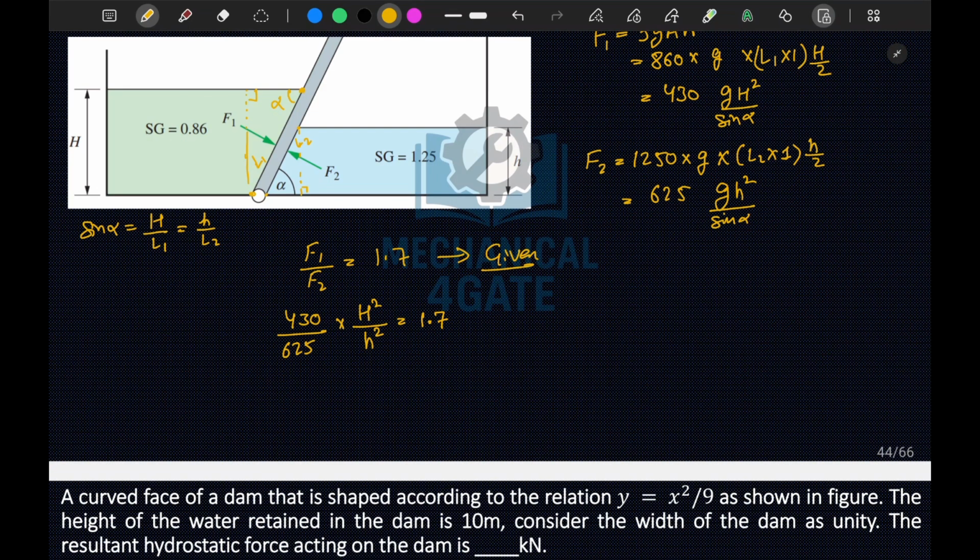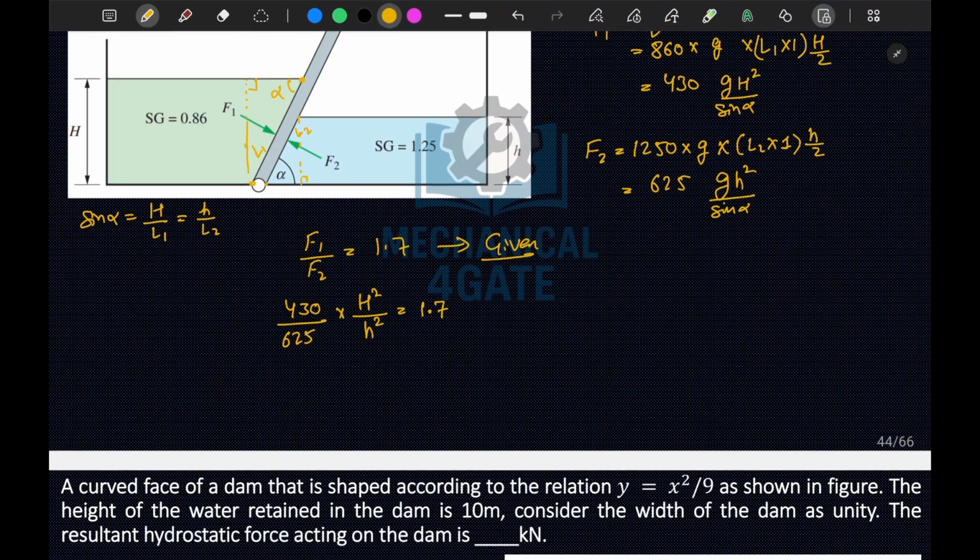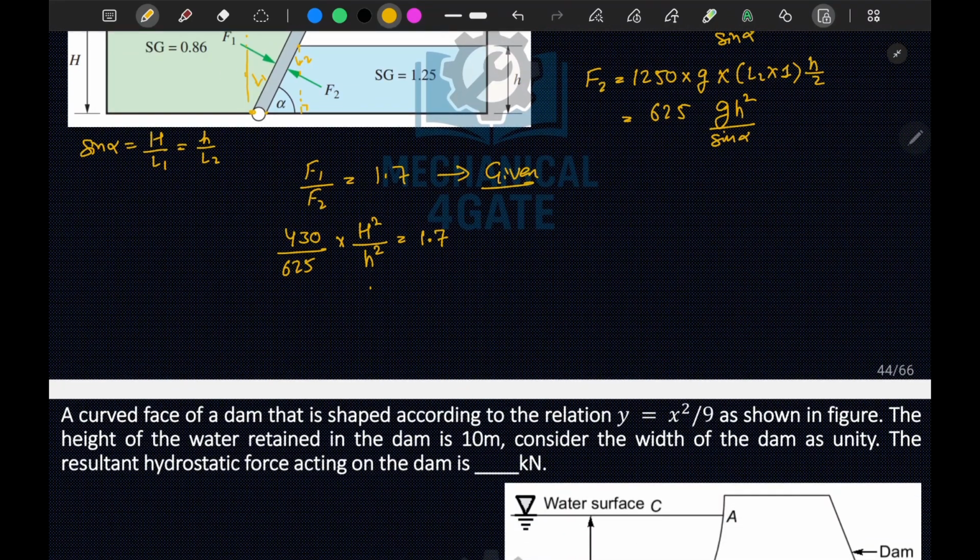Okay, now inverse it, and multiply it with 1 by 1.7, and then take a square root of this. So this will become your capital H by small h is equal to 1.572.